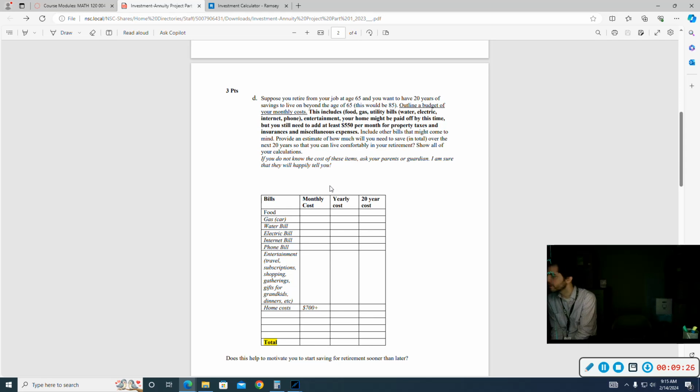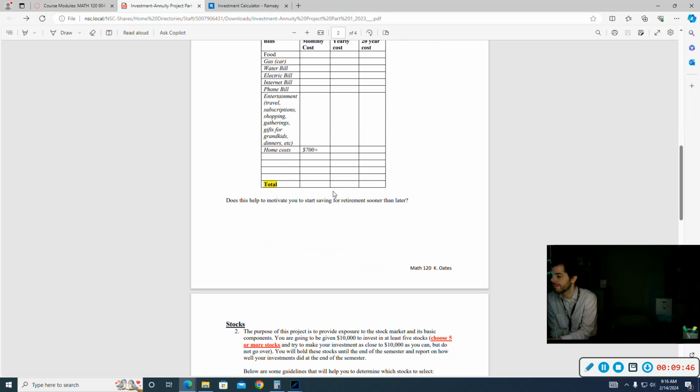Okay? The next thing you're going to do is calculate how much money you anticipate needing to survive after you retire, and you're just going to compare that to how much money you actually saved in part A, B, and C, right? So you're going to see, do I have enough money to survive? And this will help you start thinking about how much money you should save for retirement, okay?